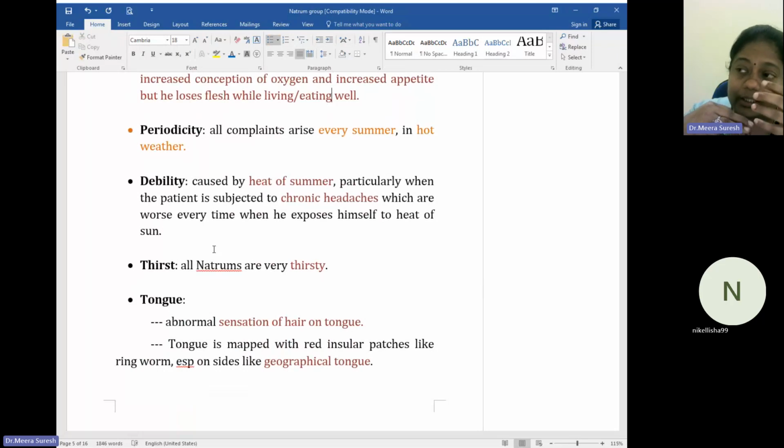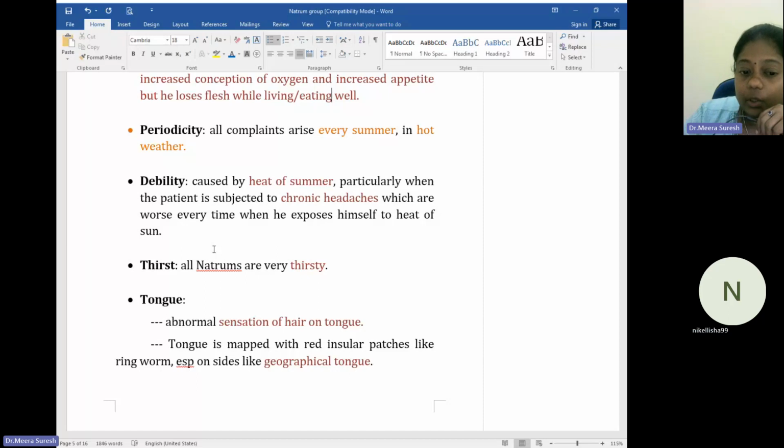But though they sweat, the sweating gives them amelioration. In mercurius there is sweating, but there is aggravation from sweating. So natrum mur people do sweat, but there is an amelioration of complaints from it. But because they feel so debilitated and get headaches from the sun, they will avoid going out in the sun.